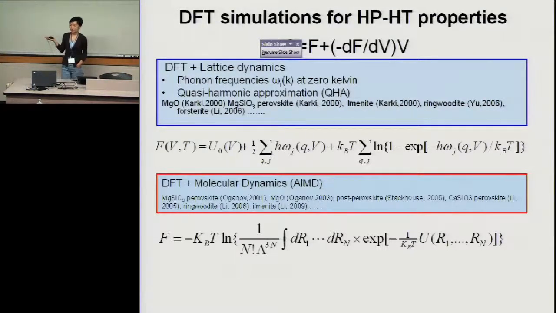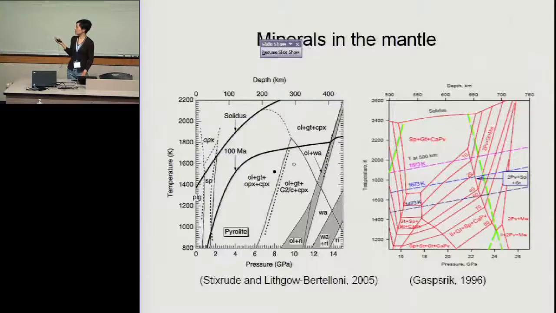If you do a 1 femtosecond step, you need 2 or 3 picoseconds of calculation to reach equilibrium. Longer runs possibly will improve the accuracy, but they are demanding in calculation time. But we have a limited number of minerals in the mantle.